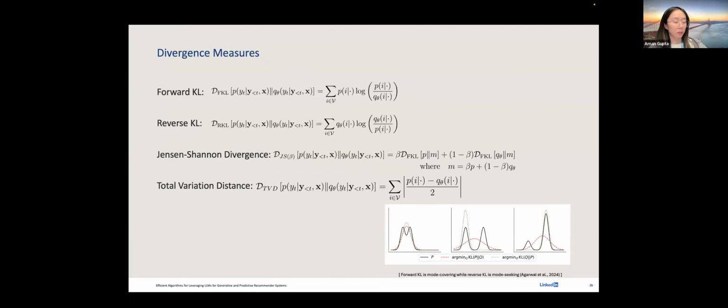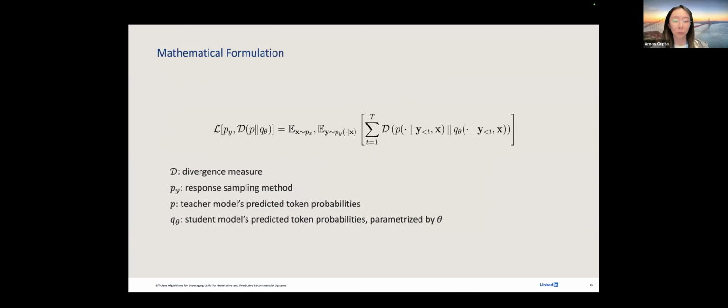So we talked about response sampling, and if we go back to the formulation of distillation, we mostly covered the possible choices of P_Y. The other dimension that distinguishes distillation methods is what divergence measure you are going to use, which is the D here.